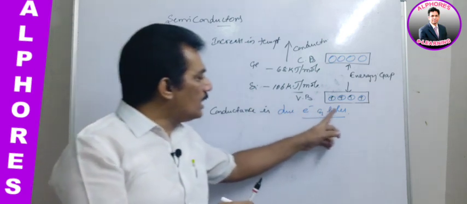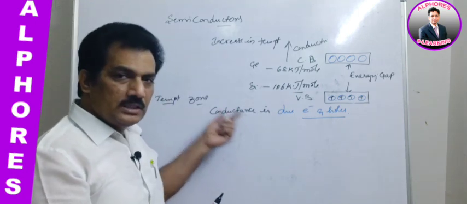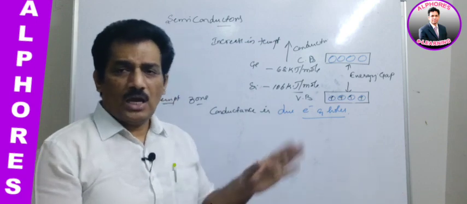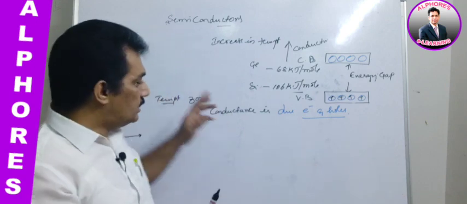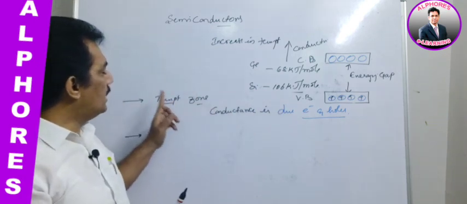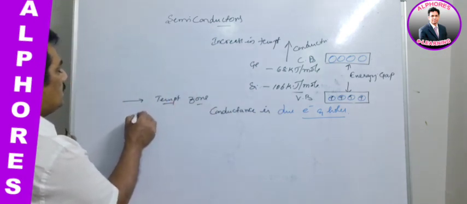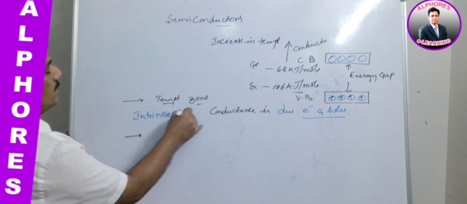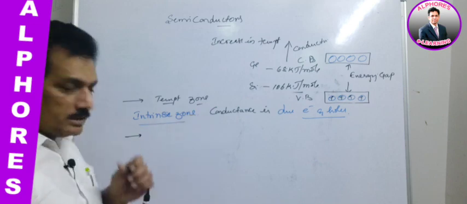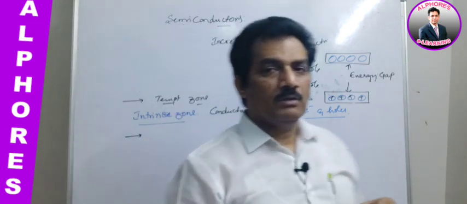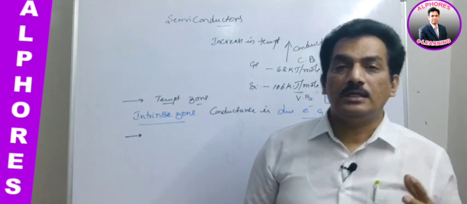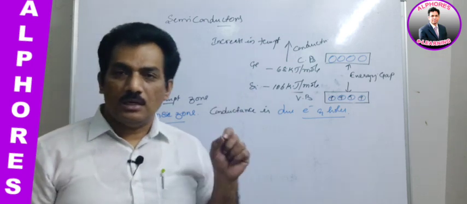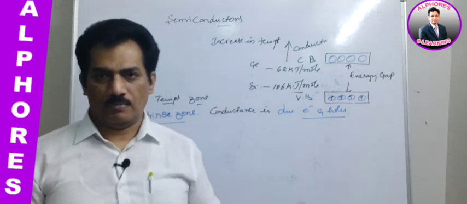If these two are responsible for the conductance, that means they are purely from the semiconductor crystal, not coming from outside. This type of conductance zone is known as the intrinsic zone or region of temperature, for semiconductors where the conductance depends purely on the electrons and holes present in the semiconductor solid crystal.